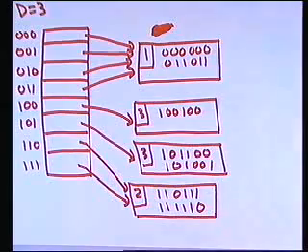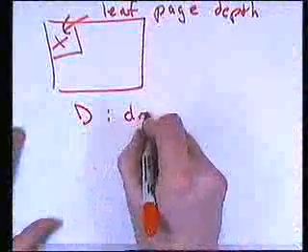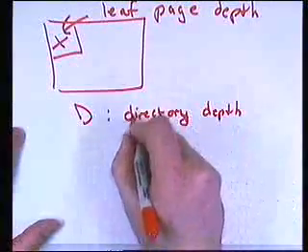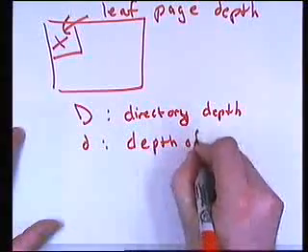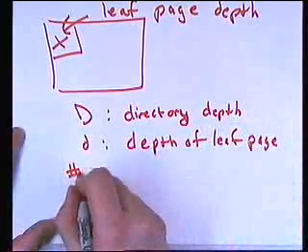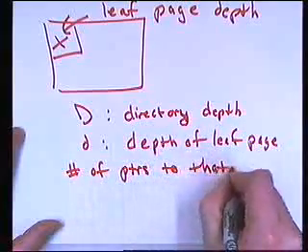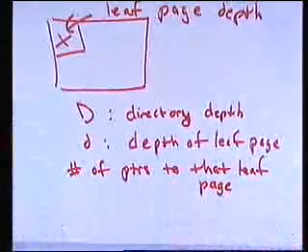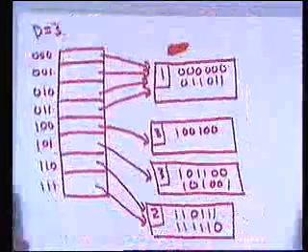If you notice in this table, let me go ahead and put this here, there's going to be a relationship between D, which is the directory depth, and little d, which we'll use to notate a particular depth of the leaf page, and the number of pointers to that leaf page. There will be a relationship between those 3 quantities, and we can figure that relationship out by looking at this table again.